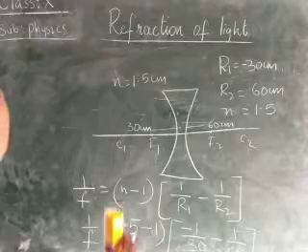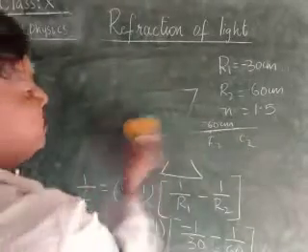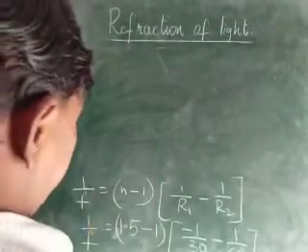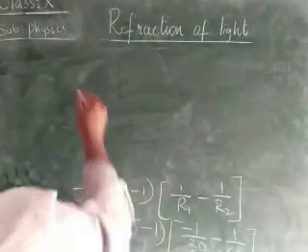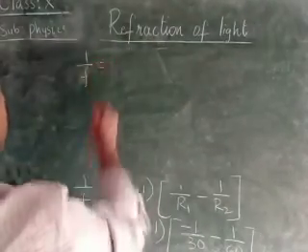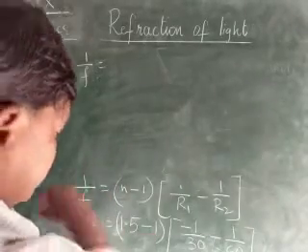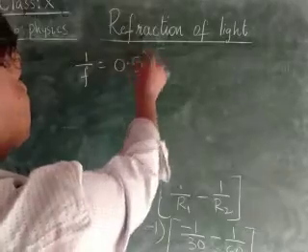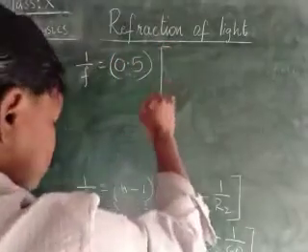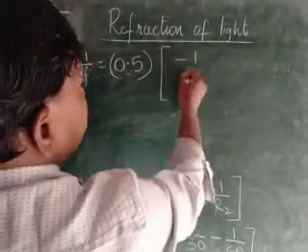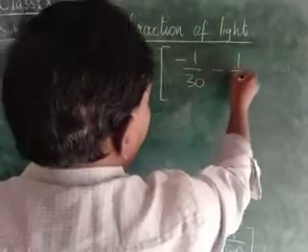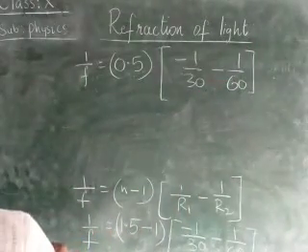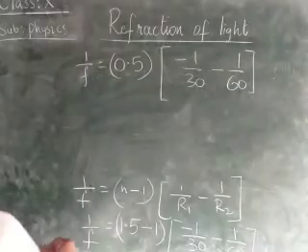Next, by solving this we get: 1.5 minus 1 is how much, children? 0.5. Yes. 1 by f is equal to 0.5 into (minus 1 by 30 minus 1 by 60).